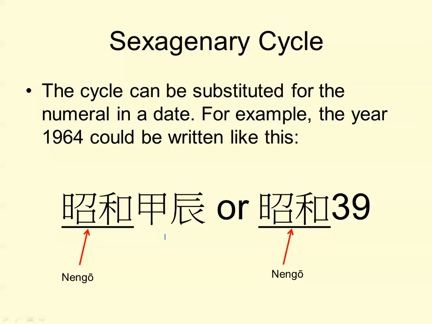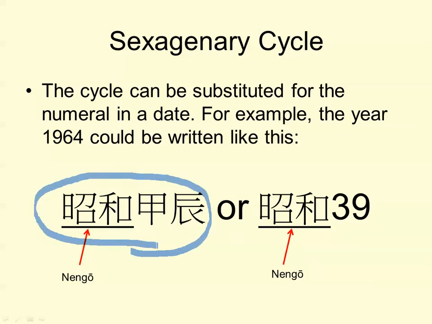Consequently, there are some cycles where if you use them to refer to a specific year in Showa, it might be unclear. You might be looking at the very beginning of Showa, or you might be looking at the very end of Showa. Happily, that only happens in Japanese history once, and that's with the Showa period. And also happily, it only happened once in all of Chinese history. And so this is still a pretty effective way of designating a year.